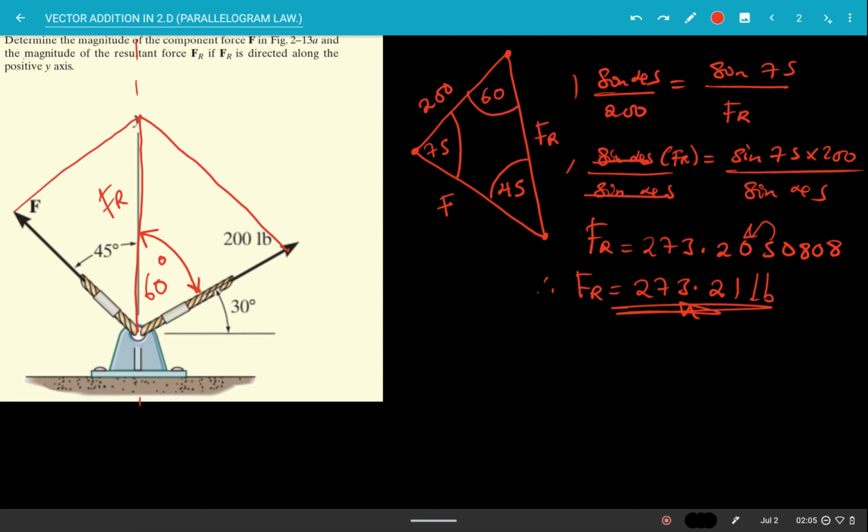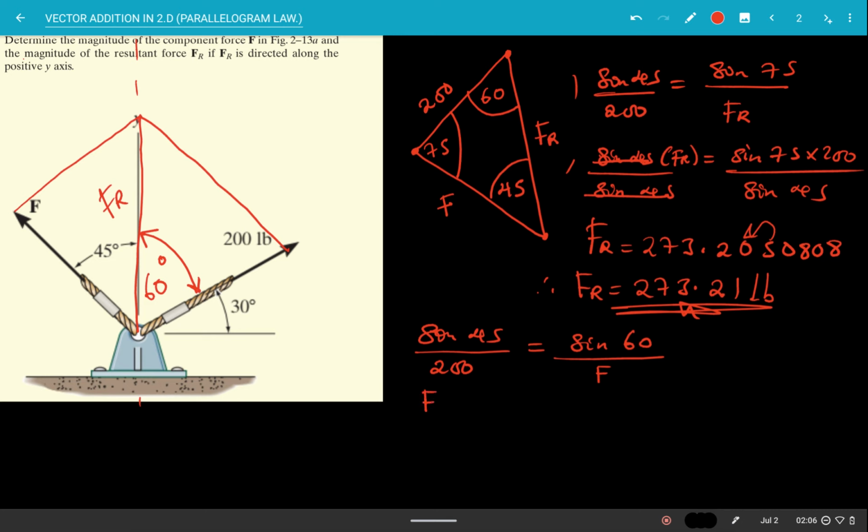Now the next thing we're supposed to do is to find the magnitude of the component F. You could have started with the magnitude of the component F, then the resultant. Otherwise, the sine rule will work magic for everything we need. So we're going to say sine of the side with the information: sine 45 over 200 is equal to the one I'm looking for, which is this side, so that will be sine 60 over F. Then all we have to do is cross multiply.